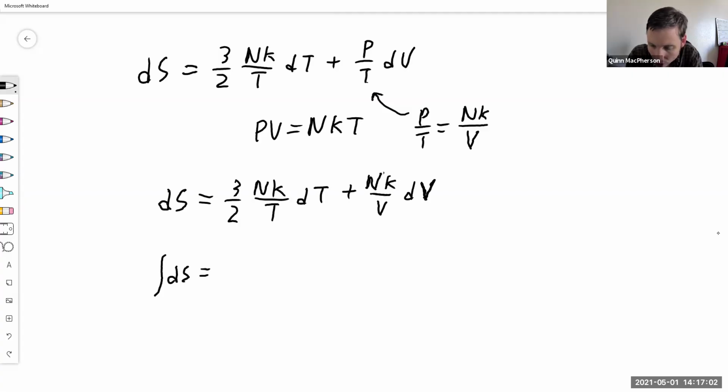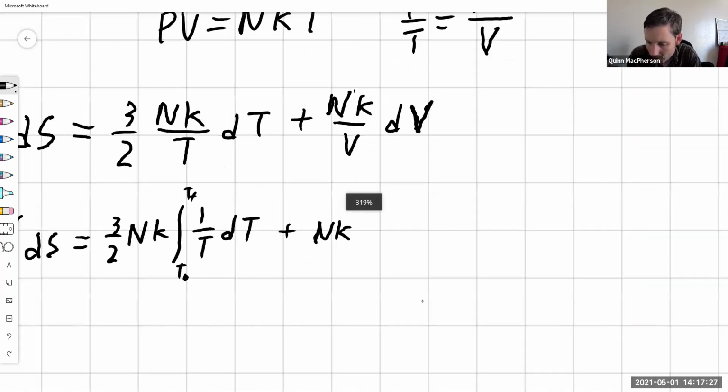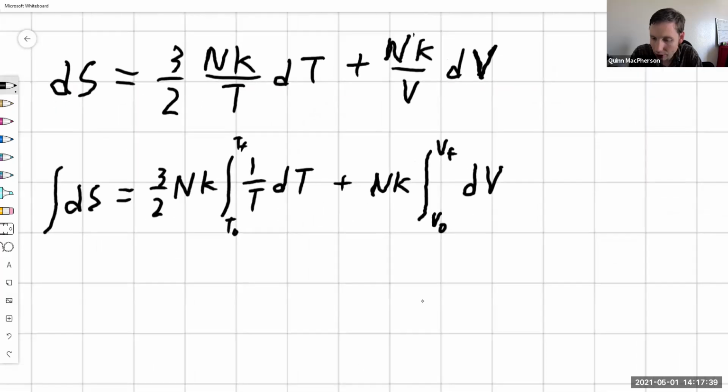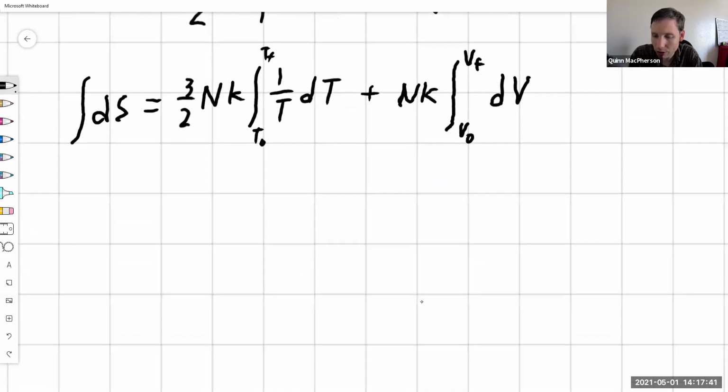So ds is equal to 3/2 nk, the integral of 1 over t dt from t initial to t final, plus nk, the integral from v initial to v final of 1 over v dv. We can now do these two integrals.